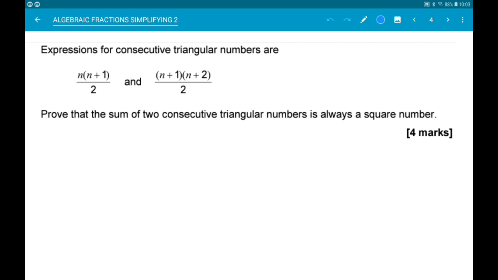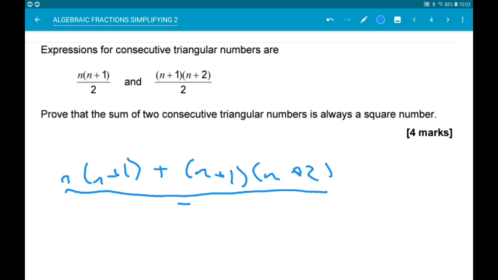Okay, so straight away we have common denominators, so that makes us very happy. Now, sum means to add together, so the sum is n(n + 1) plus (n + 1)(n + 2) all over 2.